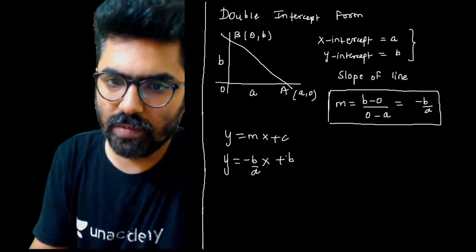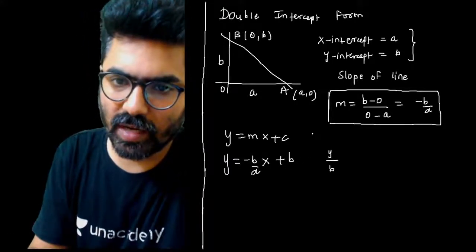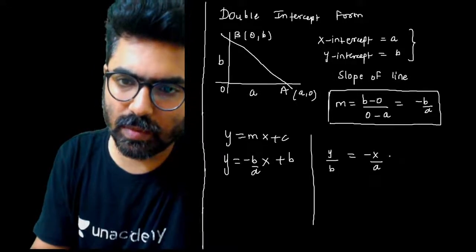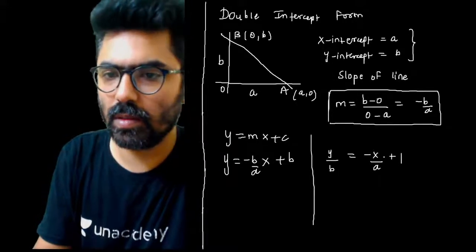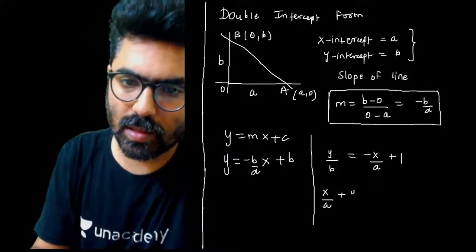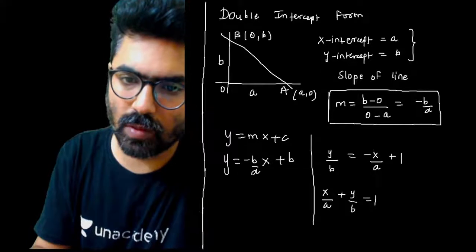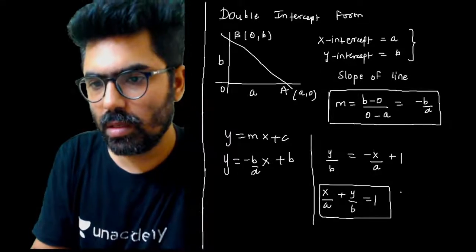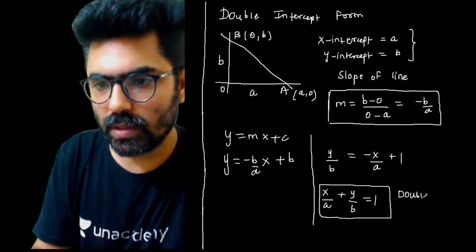Now let's divide by b on both sides. We'll get y by b is equal to minus x by a plus 1. Now let's take this x by a to the other side. So x by a plus y by b equals 1. This is what the equation of line in double intercept form is.